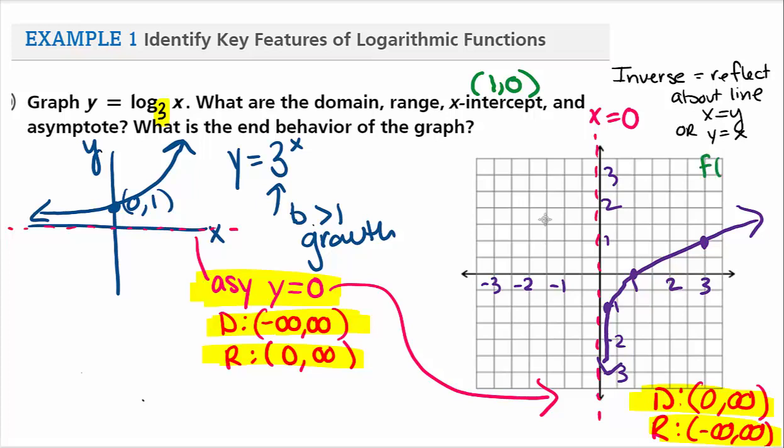So f of x is approaching positive infinity as x approaches positive infinity. And on the left-hand side, although the left-hand side is being blocked by that asymptote, our y values are pointing towards negative infinity as the x values approach 0.